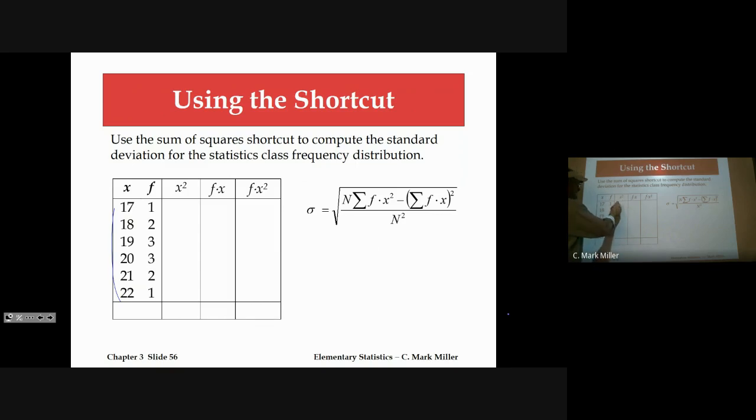That is 289. 18 squared is 324. 19 squared, 361. 20 squared is 400. 21 squared is 441. And 22 squared, 484.